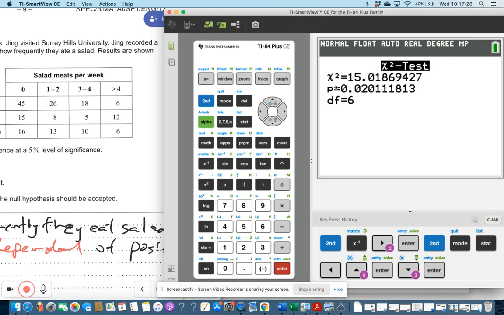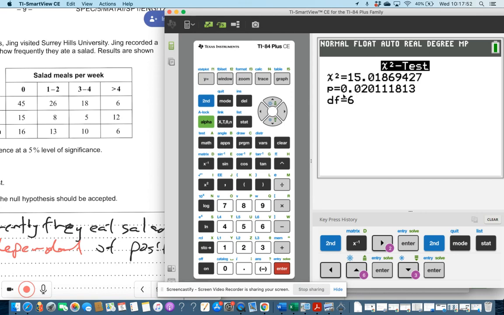Looks like a lot. And then this is the probability that the distribution is due to randomness. So I think this is a pretty low probability. This is our degrees of freedom. Rows minus 1 times columns minus 1, which for 3x4 would give us 2x3, 6.